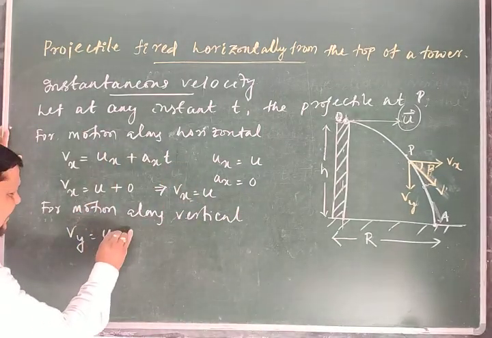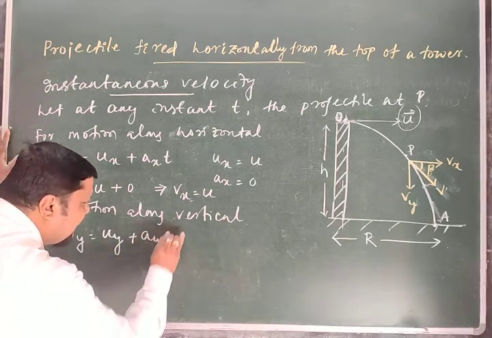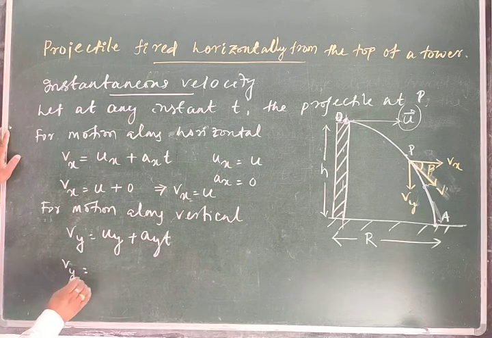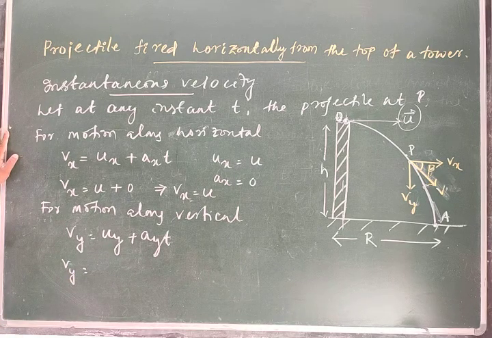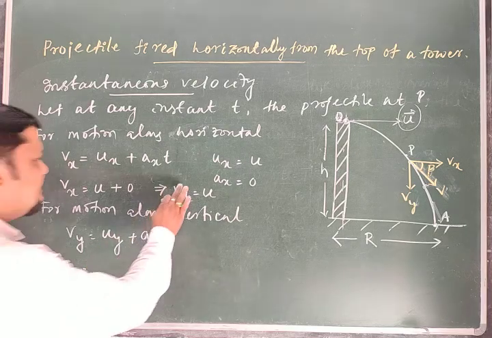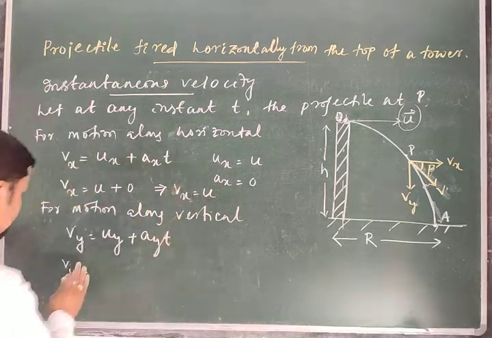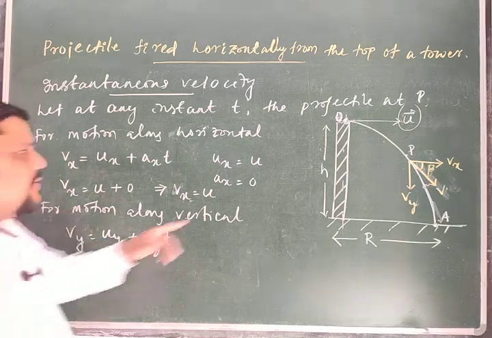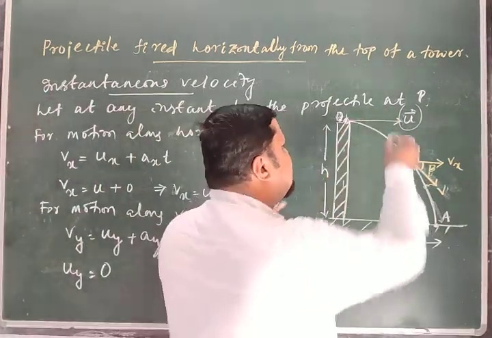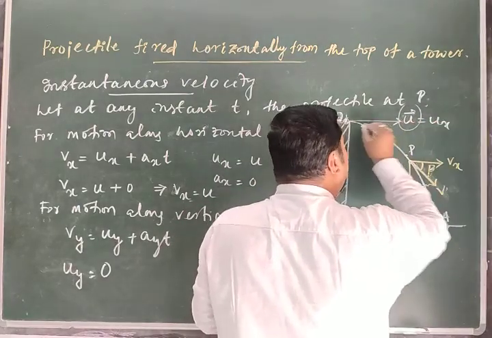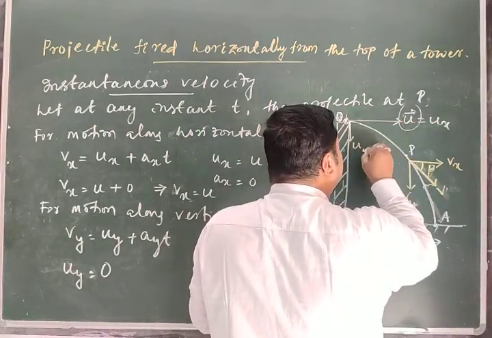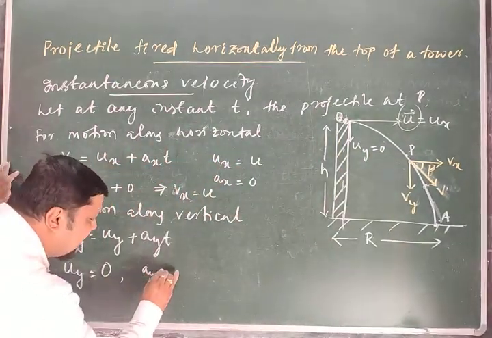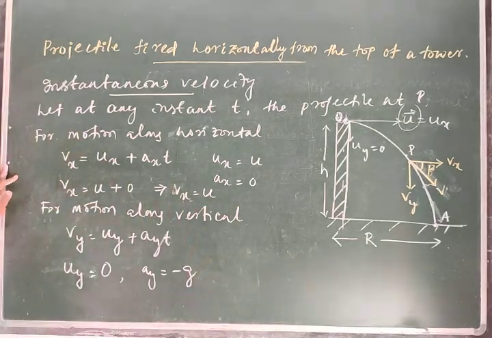vy is equal to uy plus ay into t. What is uy here? Initially along the y-axis, the vertical component, uy is equal to 0. ay is equal to minus g, vertically downward.